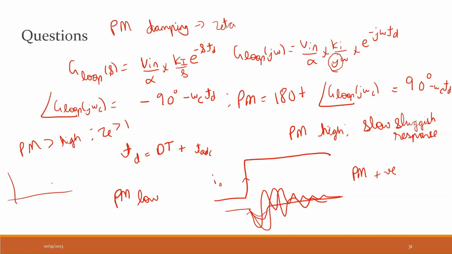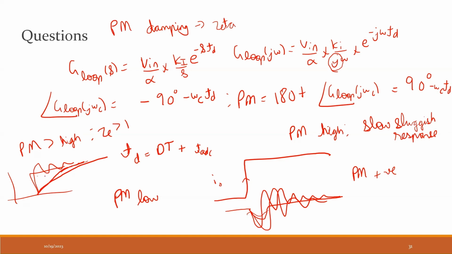For a step input, an underdamped response is like this. An overdamped response will go like this. And critically damped will go somewhat like this. Now which is faster? Your underdamped response is faster than the critically damped, and your overdamped response is slower than the critically damped.